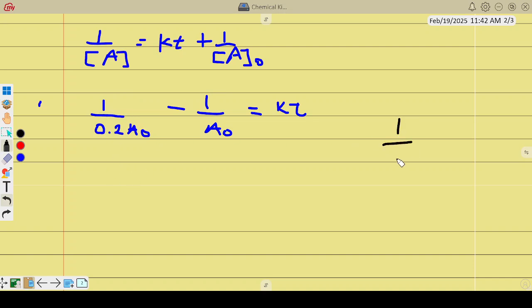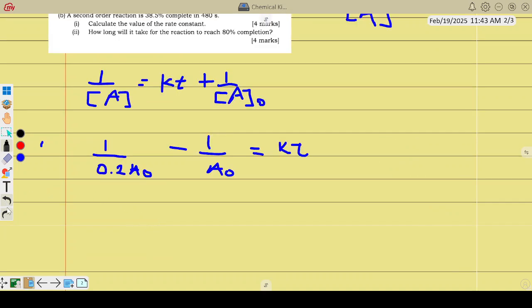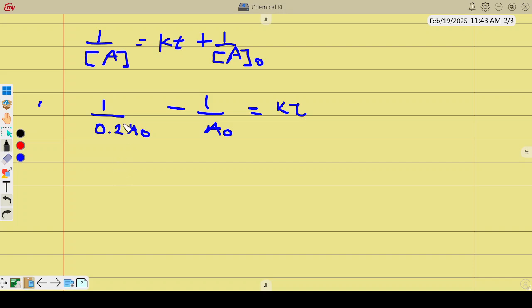So how you simplify this 1 over 0.2 a naught, you can say what is 1 divided by 0.2. The answer you get will be 5, and then you say over a naught. So we'll say this will be 5 over a naught. We've just said 1 divided by this, that's 5.